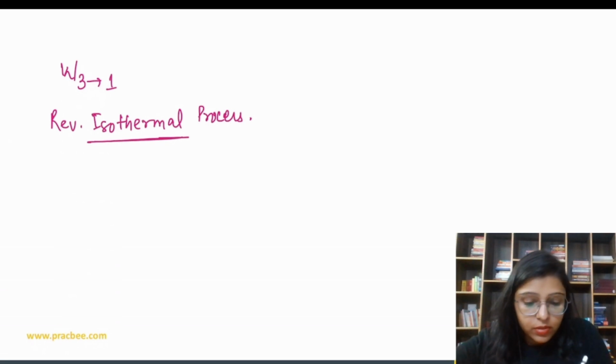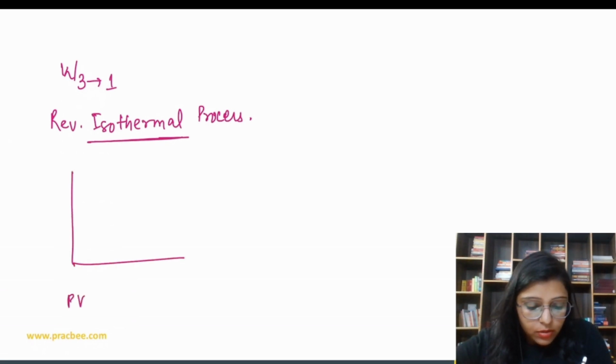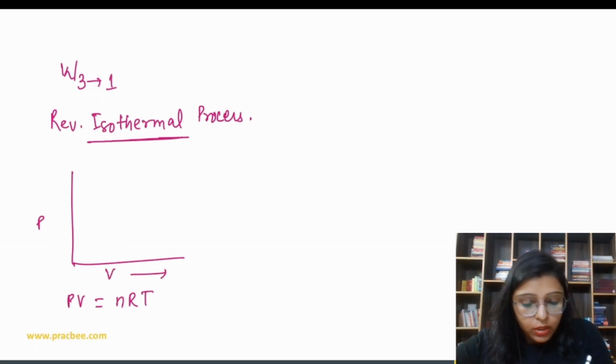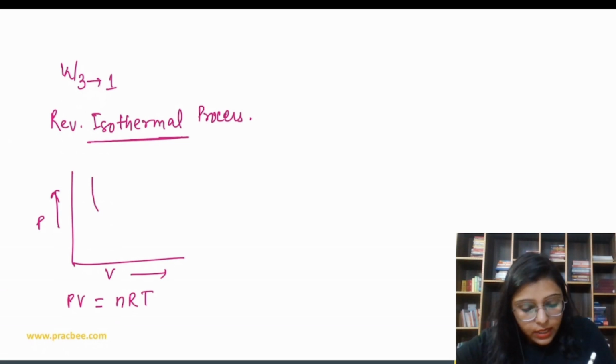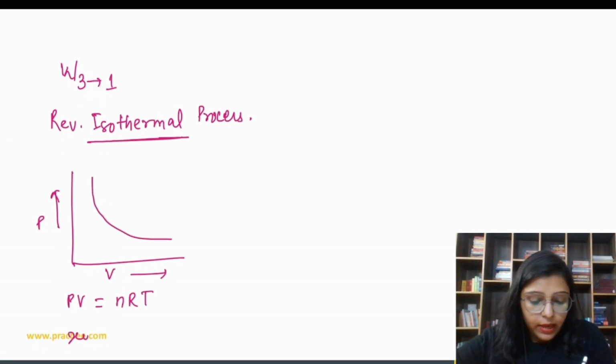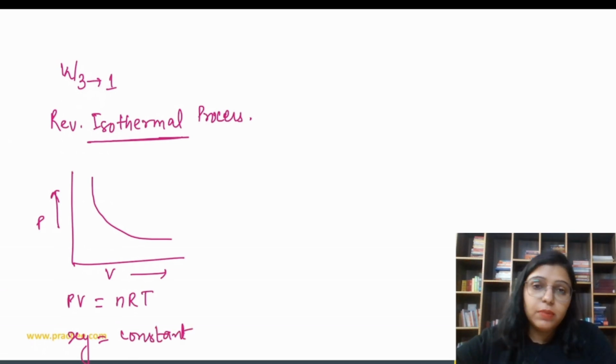Why isothermal process? Because for an isothermal process, PV is equal to nRT. So if I plot a curve between pressure and volume, we get the rectangular hyperbola, XY is equal to constant. That's why it's a reversible isothermal process.